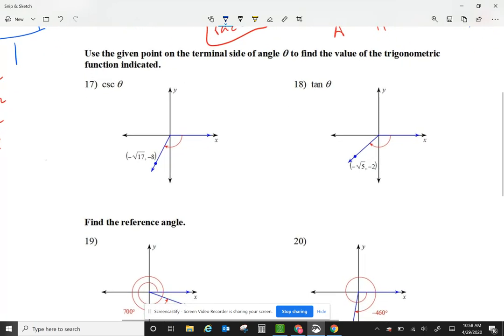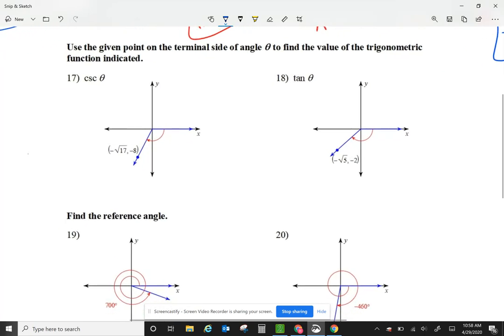Now, let's take a look at number 17 and 18. With the point that is given, I need to create an angle of 90 degrees at the x-axis. I'm given an x and a y value. The x value is the one along the x-axis, so I'm just going to say this is negative radical 17.